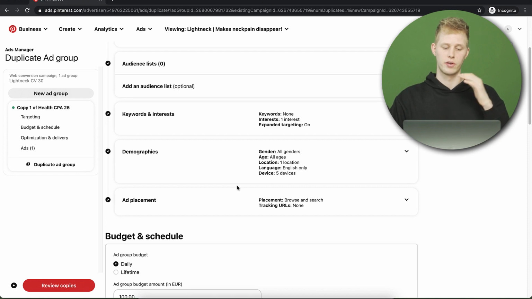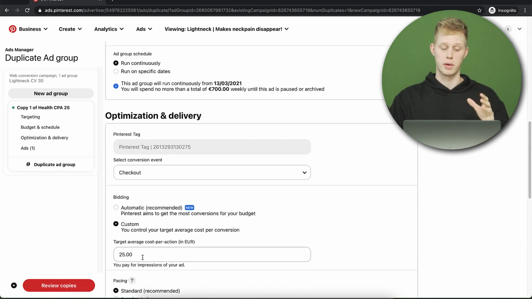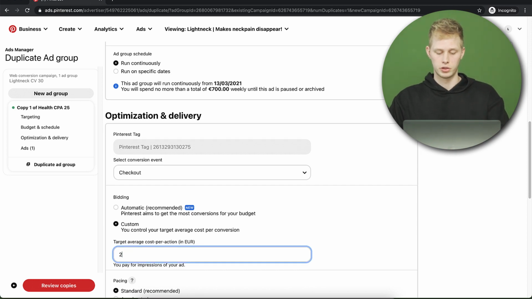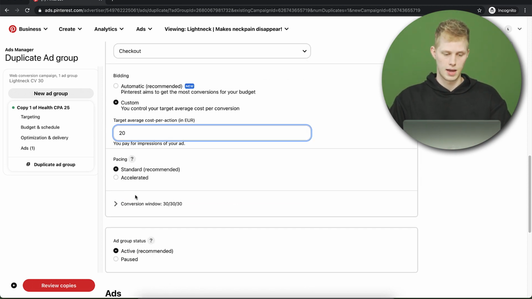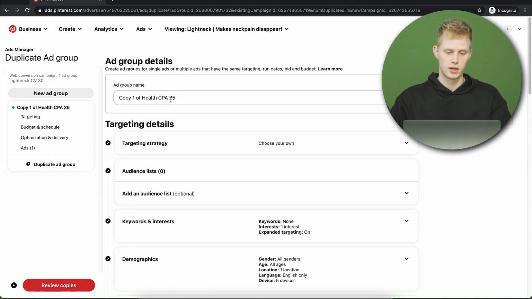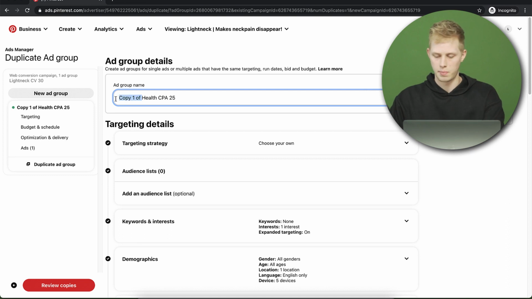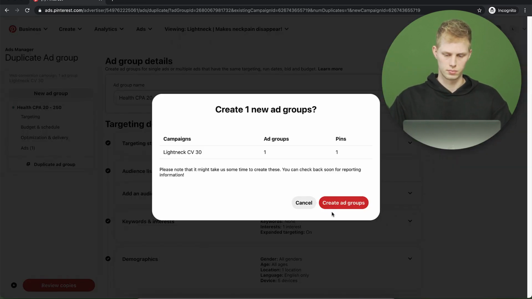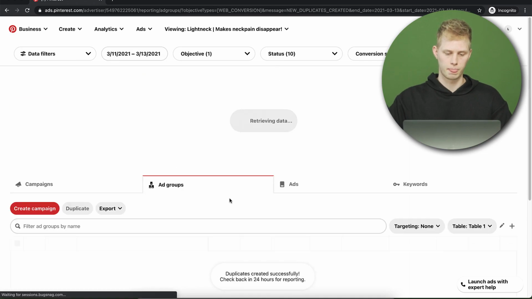And if the results of the CPA are below 25, maybe around $20 for example, then I would change this to $20 and increase the budget to $250, and of course change the name of the ad group as well. And then I put the budget here so that I know that this is an ad group that has been scaled. Then we can create it.